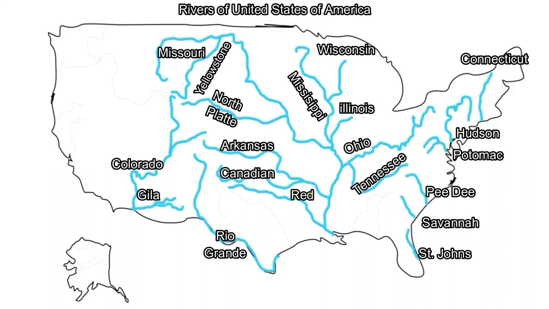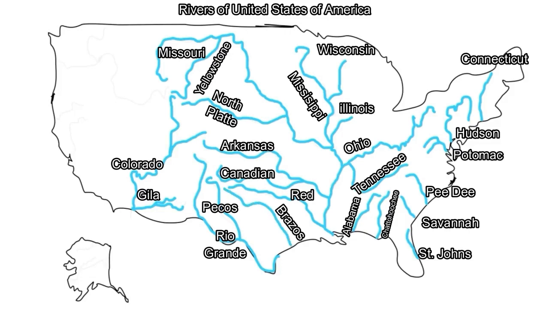Savannah. There is a small St. John's River in Florida which joins Atlantic. Alabama River, Pecos River joining Rio Grande, it's a tributary of Rio Grande.